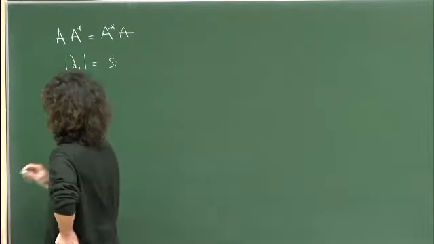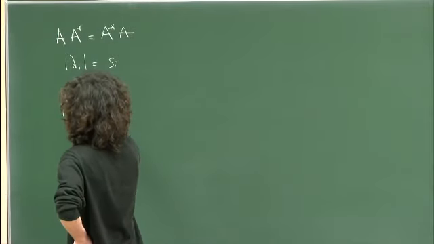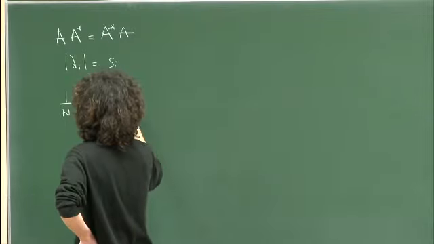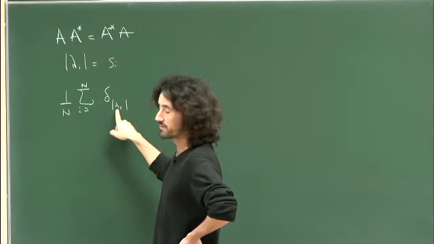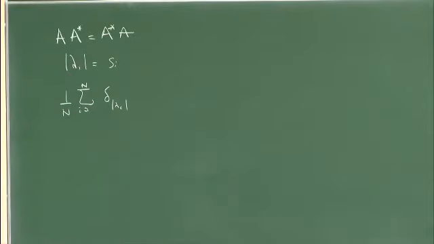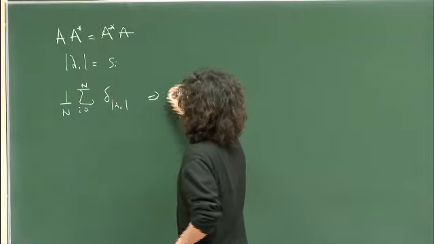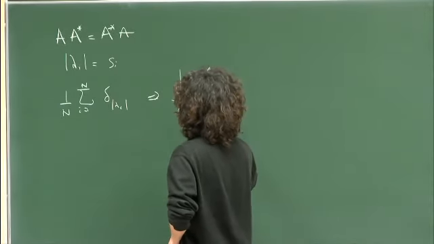If we look at 1 over n of the sum, the empirical measure obtained by the absolute values of the eigenvalues, from this result we know that this converges to a distribution which is like that, on 0, 1.